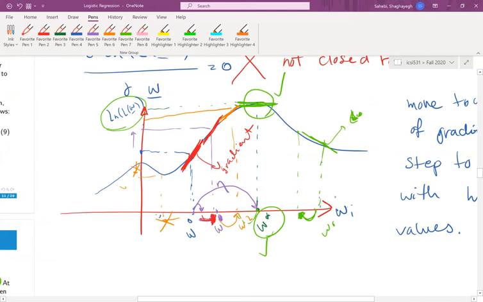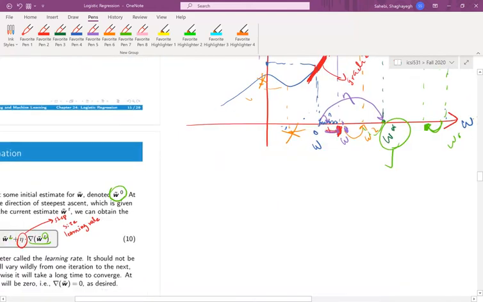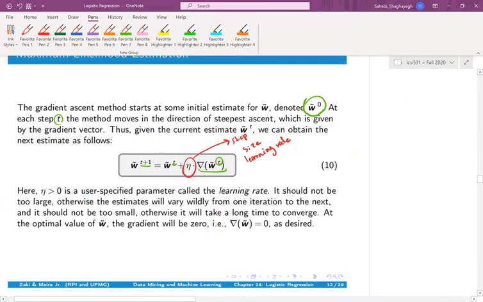So we are going from one side of the peak to the other side of the peak without really getting into the peak. But if it's too small, then we are going to take too many very, very baby steps and it takes forever for us to really get to the best W. So it should be a decent value. And usually people start with larger values, and as they get closer to the peak, they make it smaller and smaller.